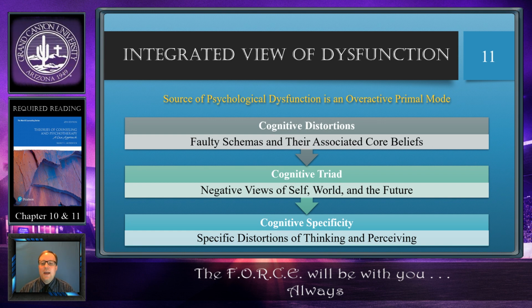And then cognitive specificity is a specific distortion of how you're perceiving a situation. So you may be pretty healthy, but let's go back to the student that we did the downward arrow technique with. They may think they're brilliant. And then the distorted thinking only relates to mistakes they make in the classroom, because that's the only part that makes them feel smart or inferior.